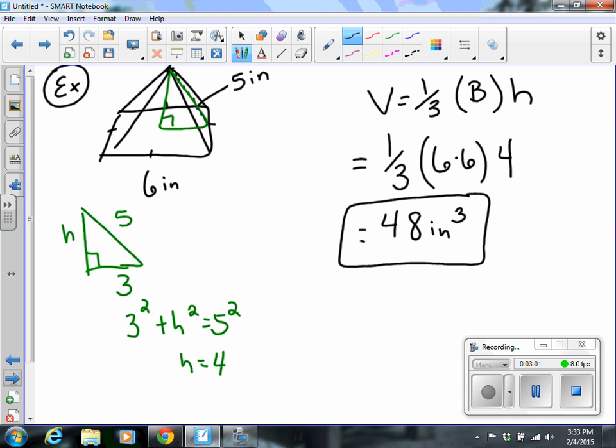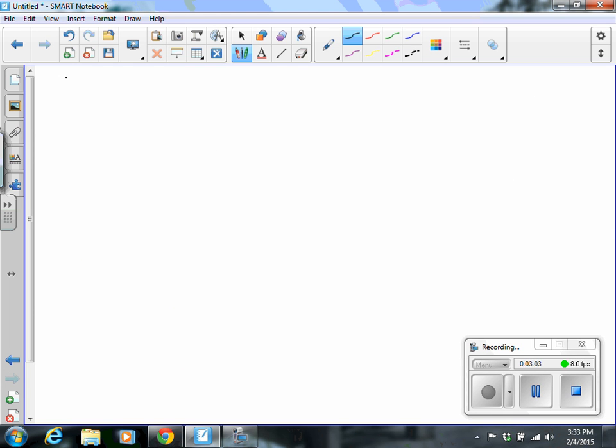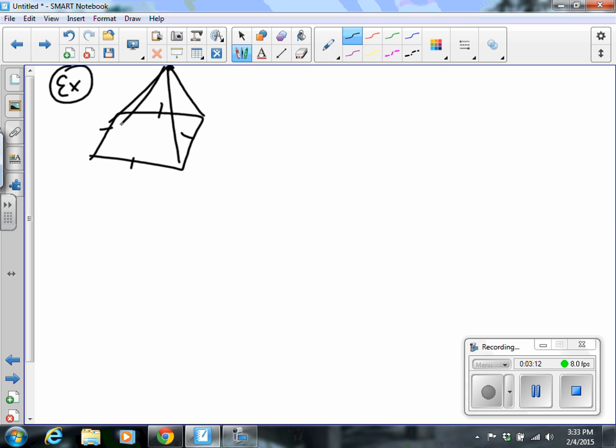This time you guys will be going through it and answering it. Just in case you can't see that, my perpendicular height is 12 feet.